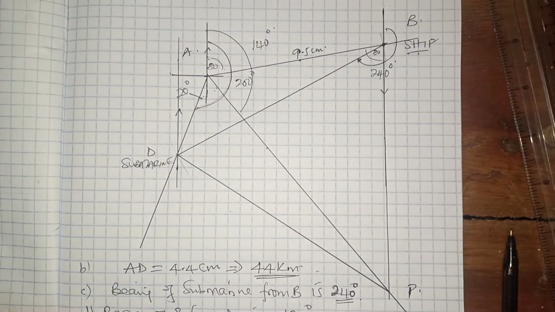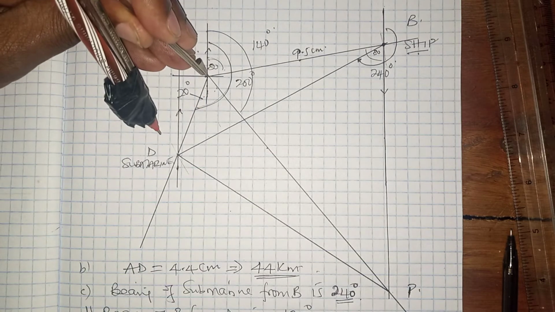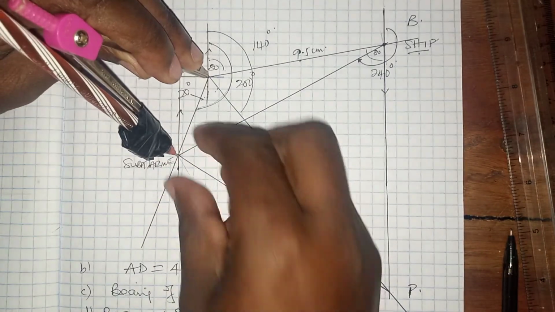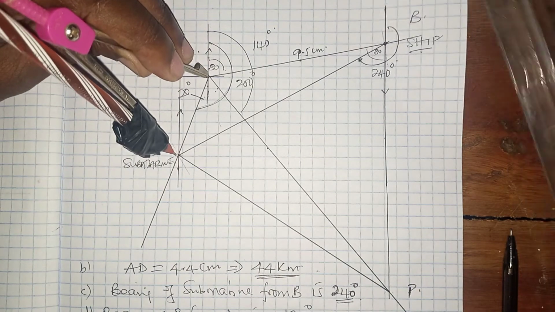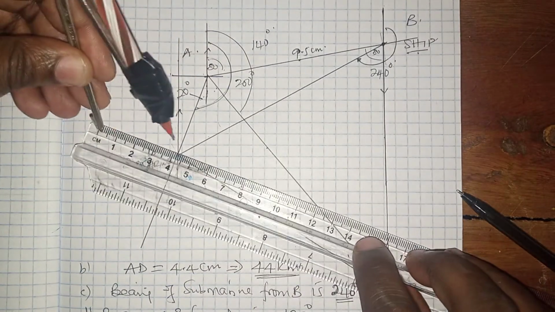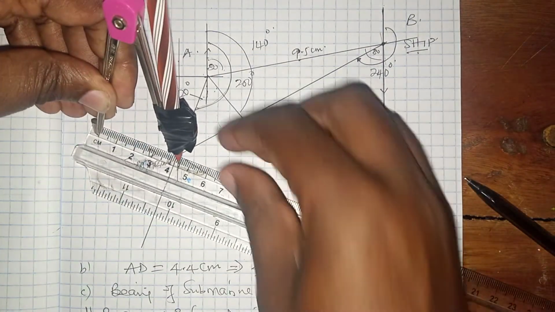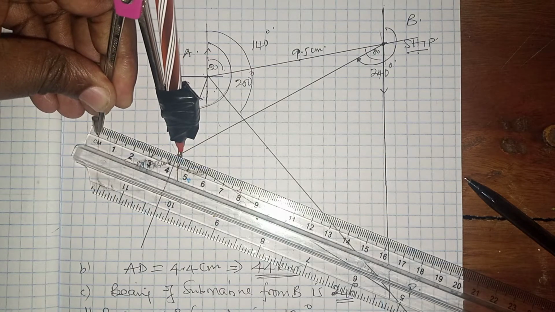AD, as we would be able to see, we just need to place our compass there until D, and then we place this same radius on a ruler, and this is 4.4 centimeters.